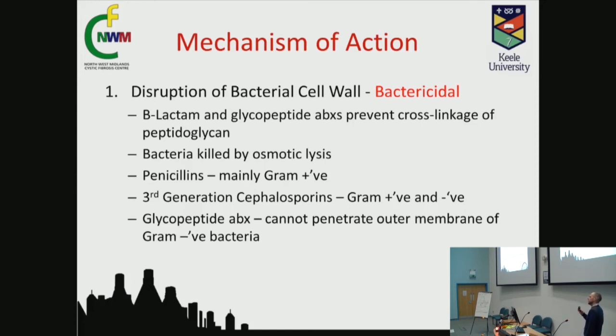If you think about how we spoke at the beginning about the gram-negative bacteria having an outer membrane and the gram-positive ones not having one, that membrane directly stops some antibiotics working. So that's a defense mechanism of gram-negative bacteria, and the glycopeptide antibiotics, for example, can't get through that outer membrane.